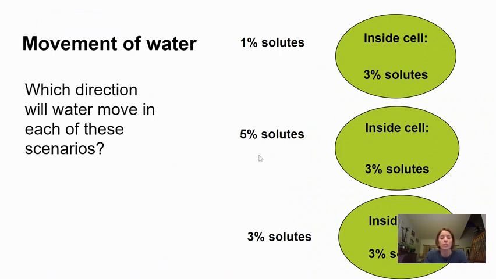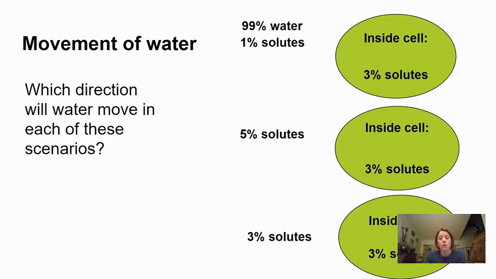Each one of these, inside, needs to add up to 100, outside needs to add up to 100. And I want you to consider which way the water is going to move. How do I get this generic cell to have a proper movement of water into the cell or out of the cell? Hit the pause button, quiz yourself.